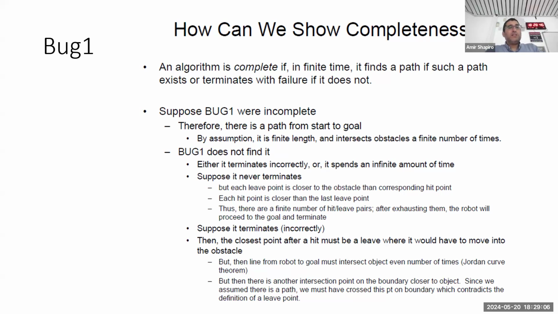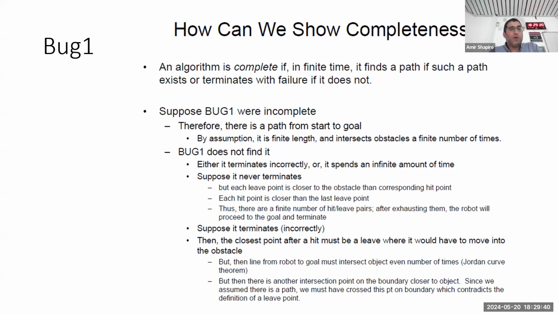We suppose that Bug 1 is not complete. Therefore, there is a path from start to goal. By assumption, it is of finite length and intersects obstacles a finite number of times.